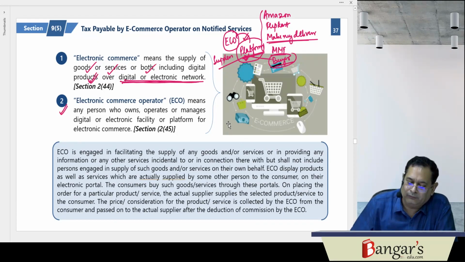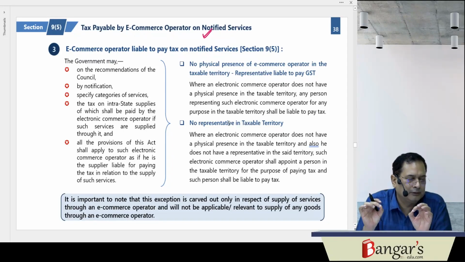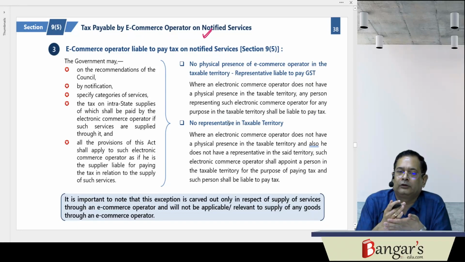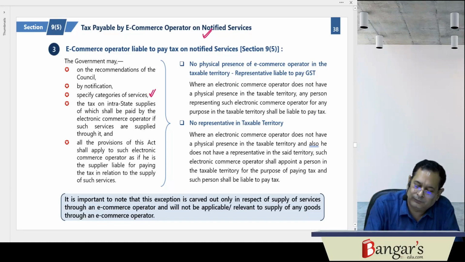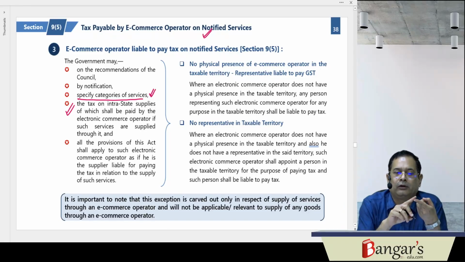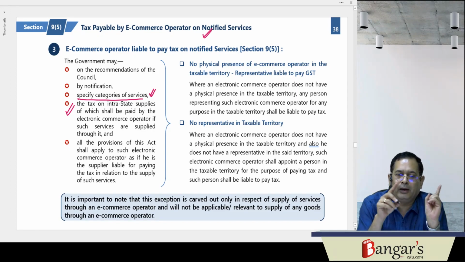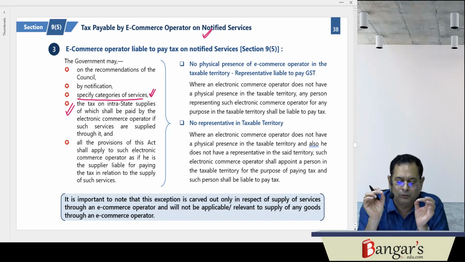Now what section 9.5 states is that the government, on recommendation of the GST Council, may by notification specify the category of services, the tax on intrastate supplies of which shall be paid by the e-commerce operator as if the services are supplied through it.